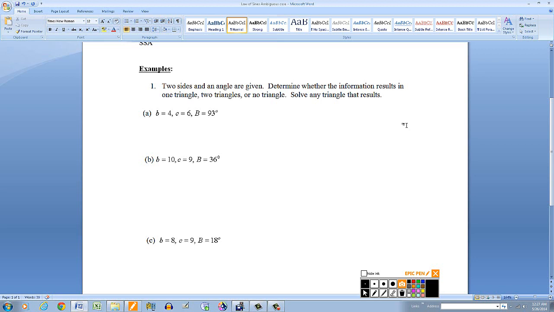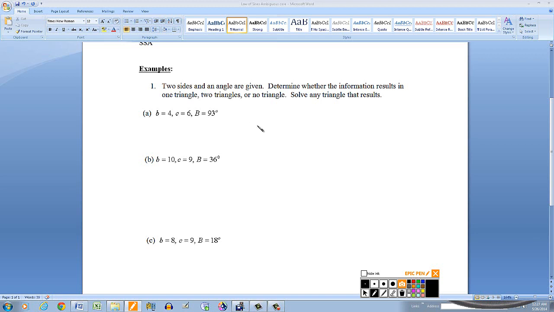You're given side b to be 4 units, side c to be 6 units, and angle B to be 93 degrees. Okay. So we want to use the information to find either an angle or a side. We're given a side and an angle and then another side.